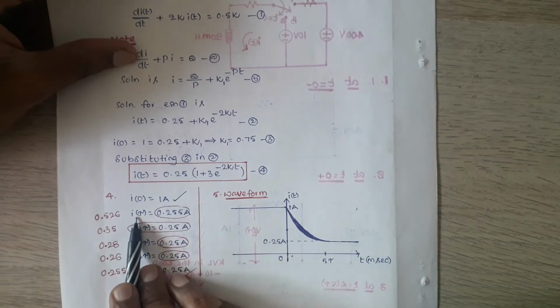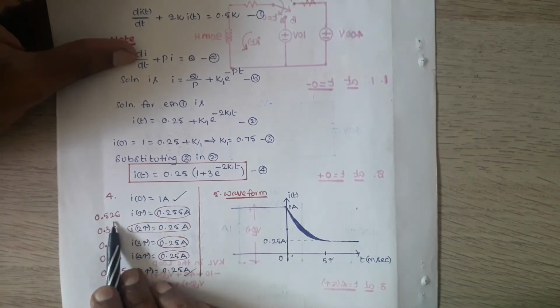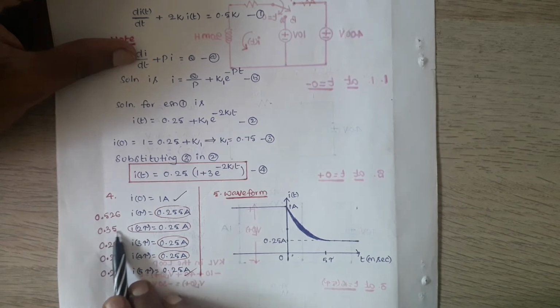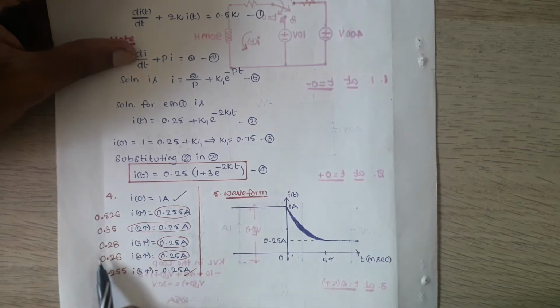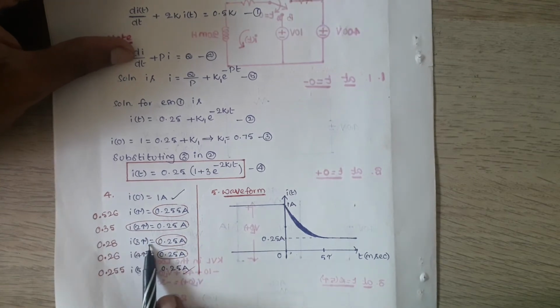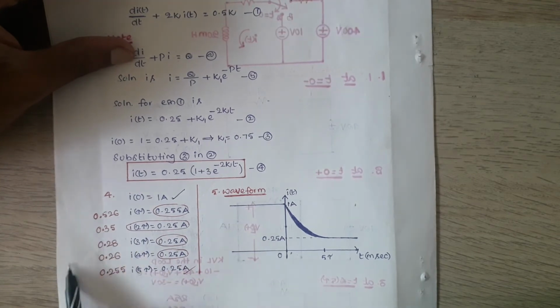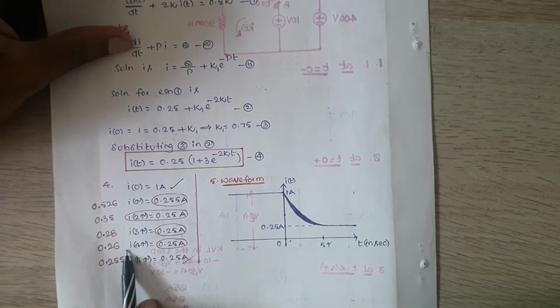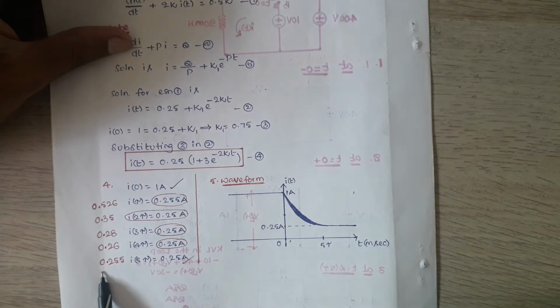At one time constant, current in the circuit is 0.526 amperes. At t equal to 2 time constants, current is 0.35 amperes. At t equal to 3 tau, 0.28 amperes. At t equal to 4 tau, 0.26 amperes. At t equal to 5 tau, current is 0.255 amperes.